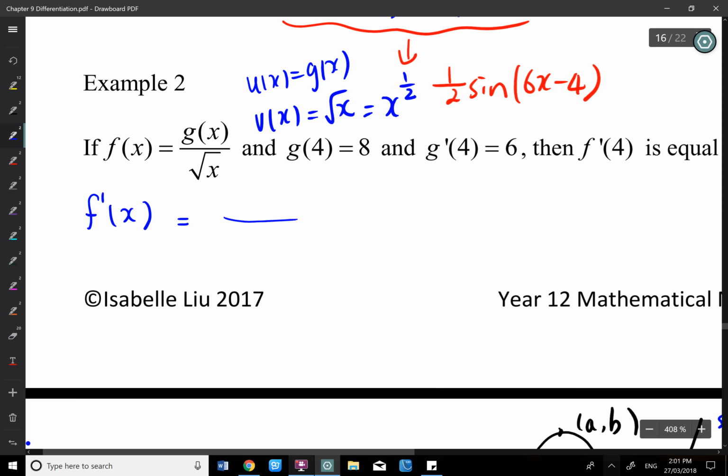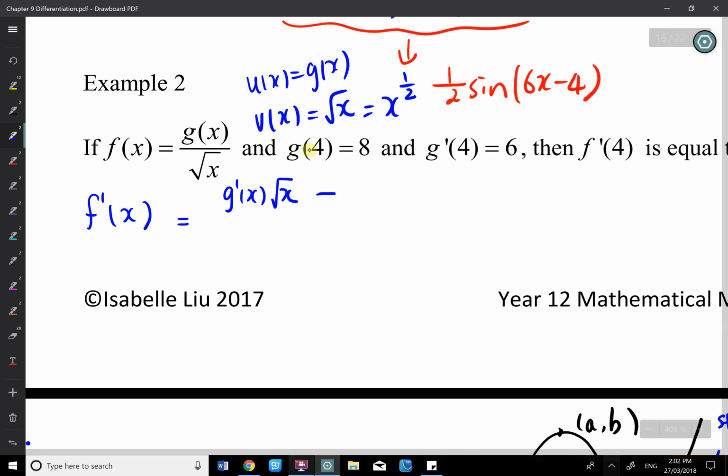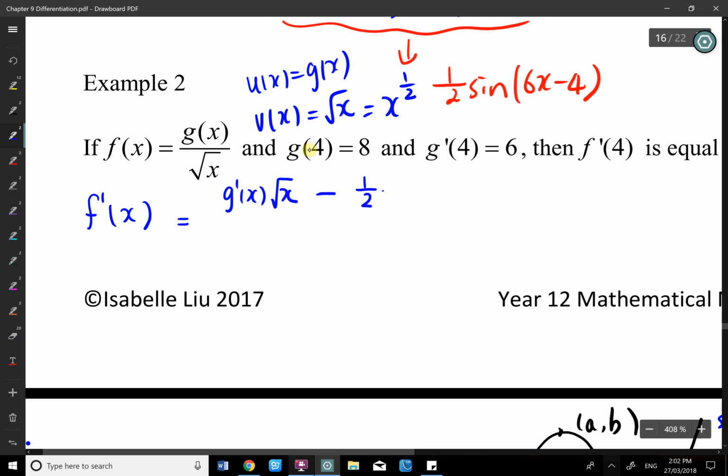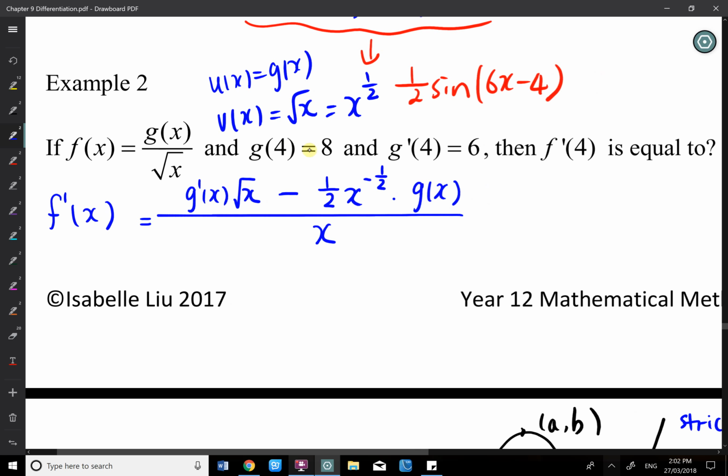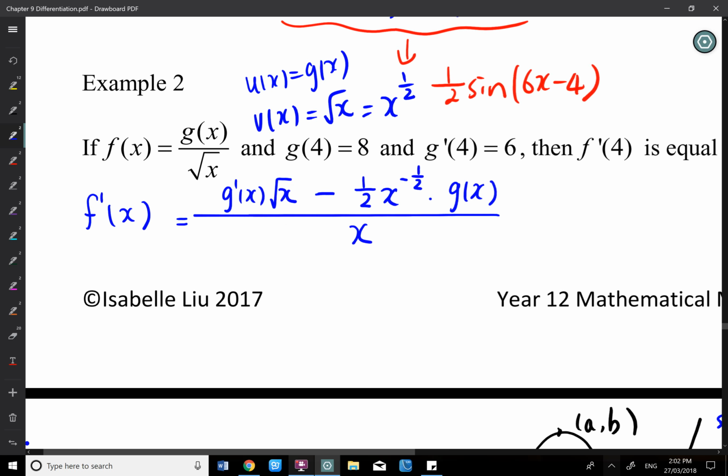So we derive the top first. We have g dash x times the bottom, square root x, minus the derivative of the bottom, a half x to the power of negative a half, times g(x). And the bottom is square root x squared, which equals x. Then we sub 4 in.